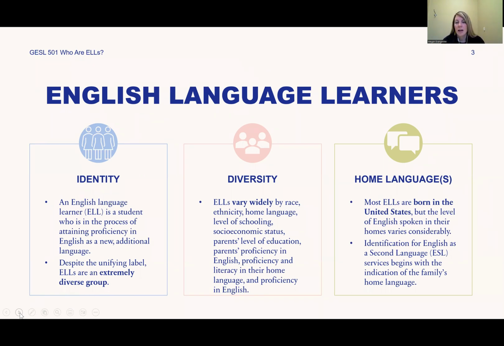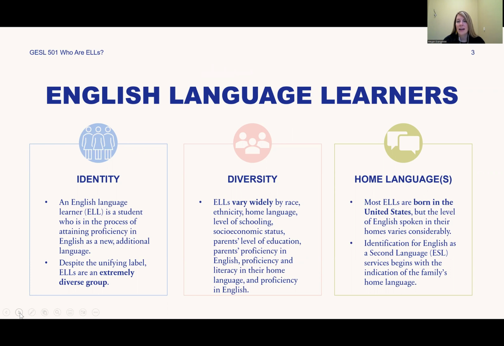So we'll be talking a lot about home languages today, and our students come with very different linguistic backgrounds. They may be coming with one home language, two, three, sometimes four home languages. So we don't want to limit our students by saying that they only will be learning English as a second language.